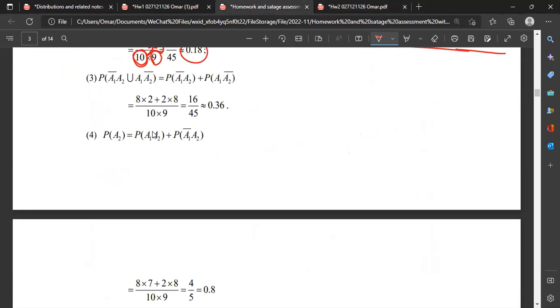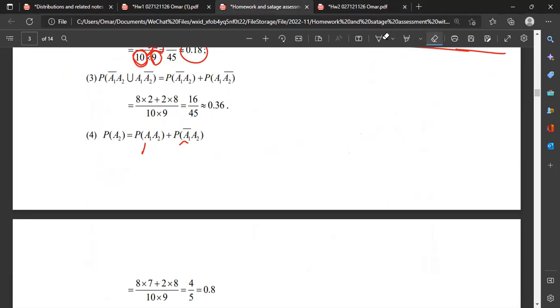You see here, for the second time, it is qualified, and here also for the second time, it is qualified. But for the first time, it is not qualified here. For the first time, it is qualified here, but for the first time, it is not qualified here. You see, for the second time, it's always qualified.